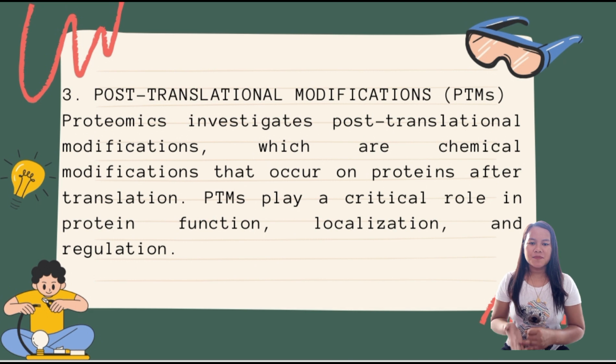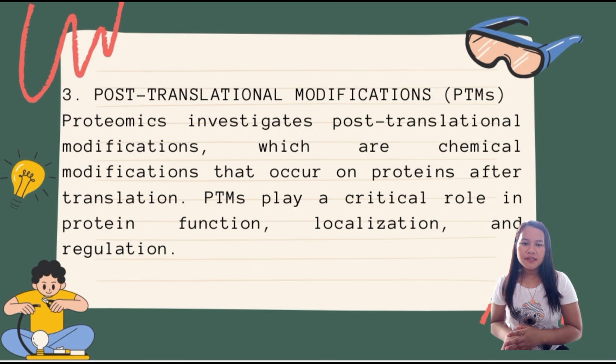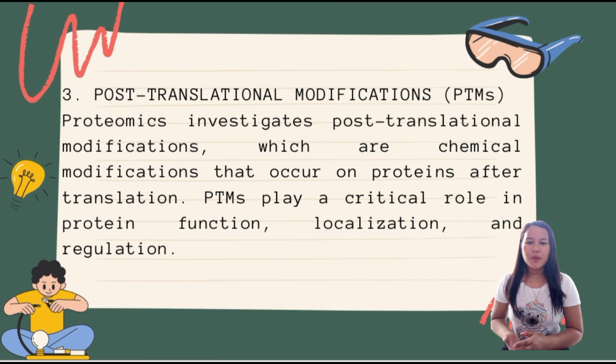Mass spectrometry enables the identification and characterization of PTMs, such as phosphorylation, glycosylation, acylation, and ubiquitination. Understanding PTMs helps elucidate their roles in cellular processes, disease mechanisms, and biomarker discovery.